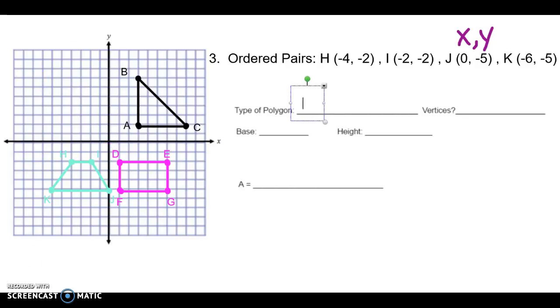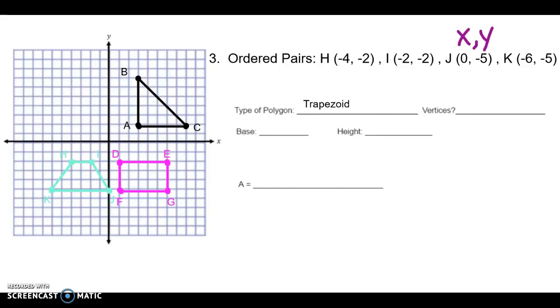The specific type of polygon this is, is a trapezoid. It's also a special quadrilateral because it has 4 sides, but more specifically, it's a trapezoid because it has one set of parallel sides. How many vertices does this polygon have?